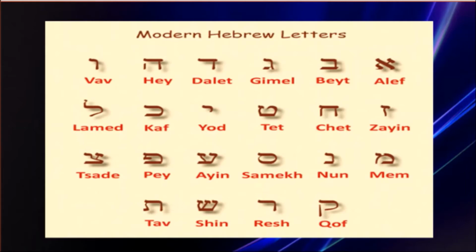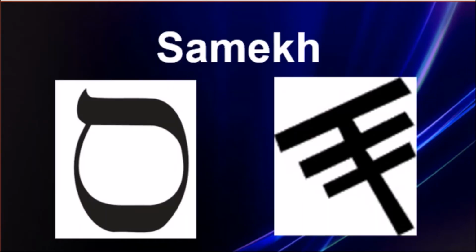This is what people read and write today. This is what Samekh looks like. This is the pictograph on the right and the modern Hebrew on the left there. And you can see the right looks like a prop, just like the meaning of this word, a prop.